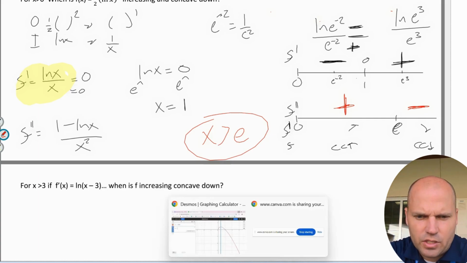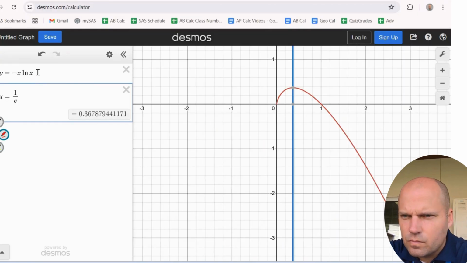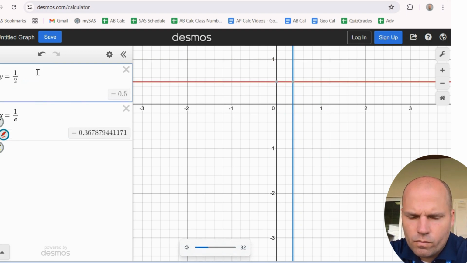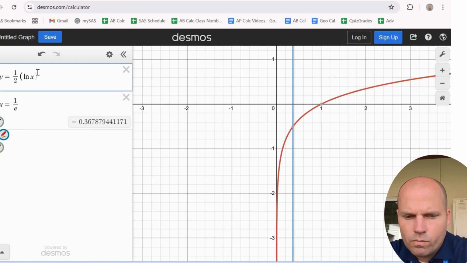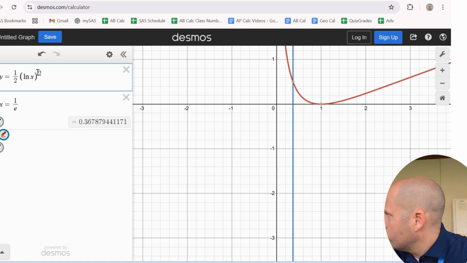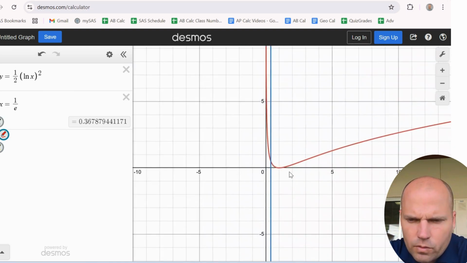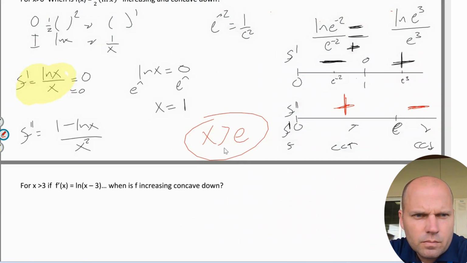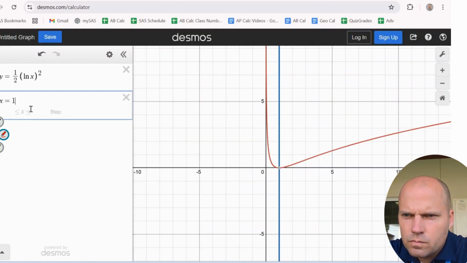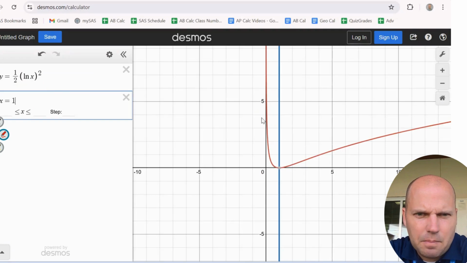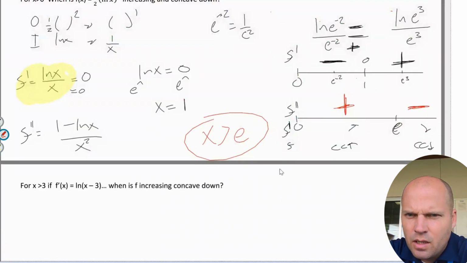Let's see, 1/2 log x squared. Okay, decreasing concave up until here. We hit a minimum there.